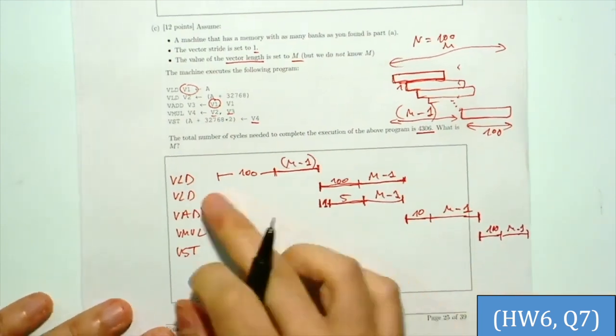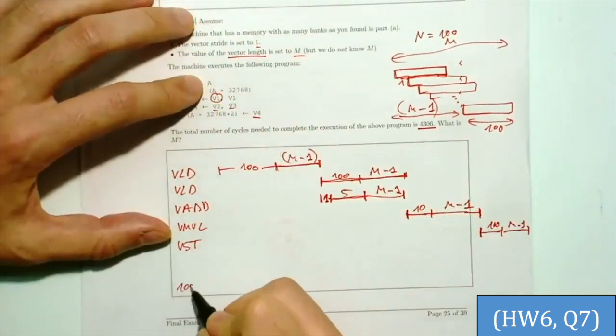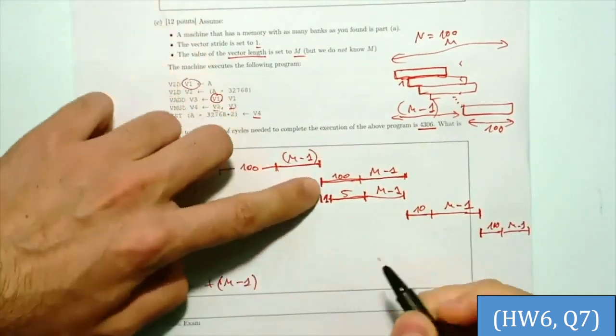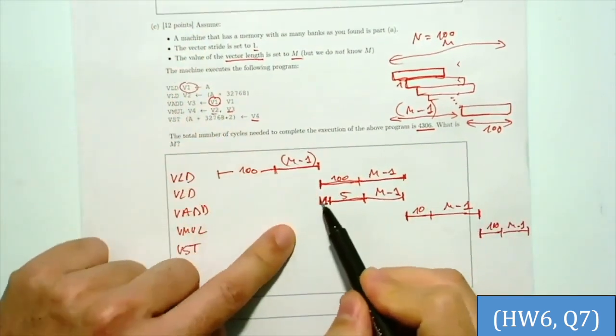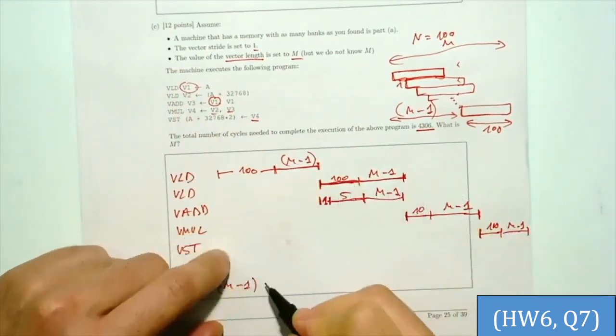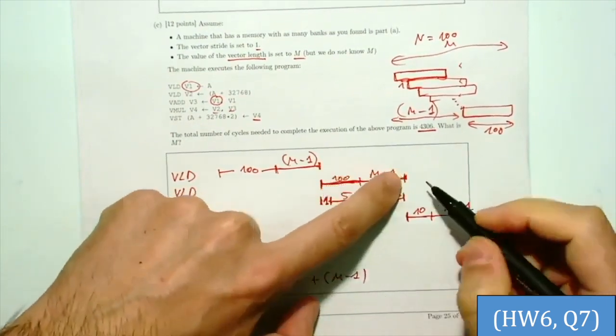So to know the latency, we have the latency of this part, so it's 100 plus n minus 1. So this latency is hidden because this is larger. So we have plus 100 plus n minus 1.